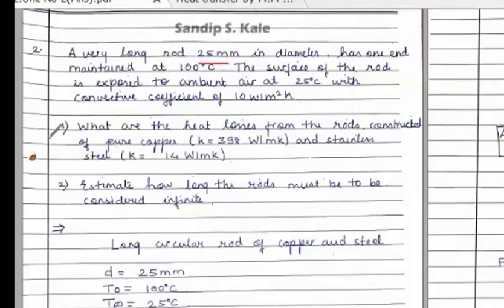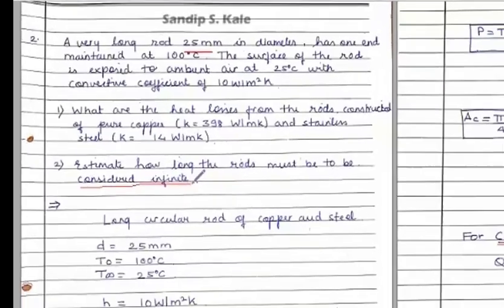First, what is the heat loss from the rod if it is constructed of pure copper? The K value is given, and if it is constructed of stainless steel, again the K value is given. So this is one thing. Second, estimate how long the rod must be to be considered as infinite. So this is the second thing that has been asked.